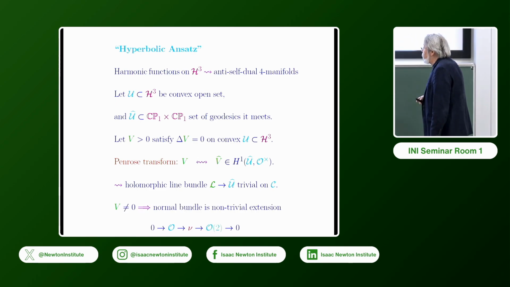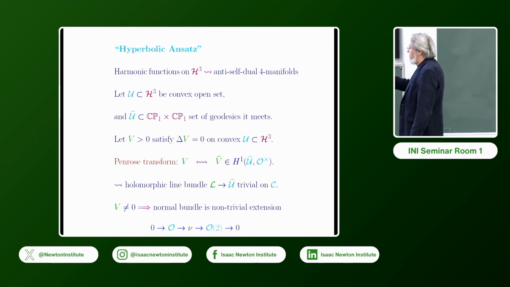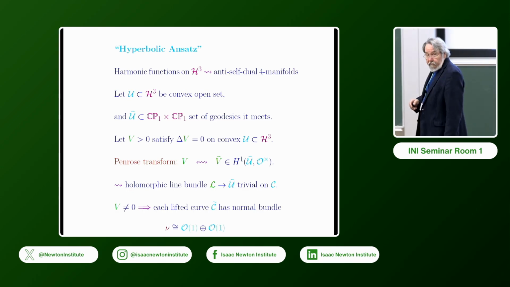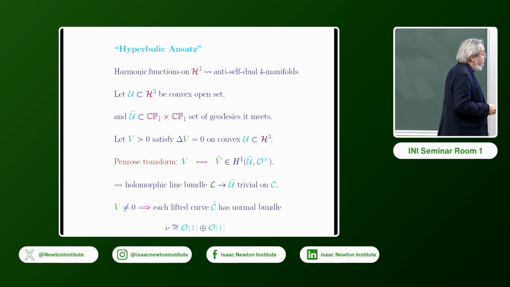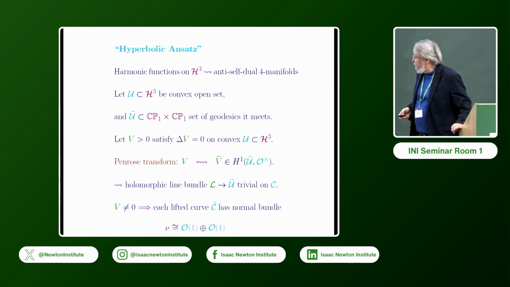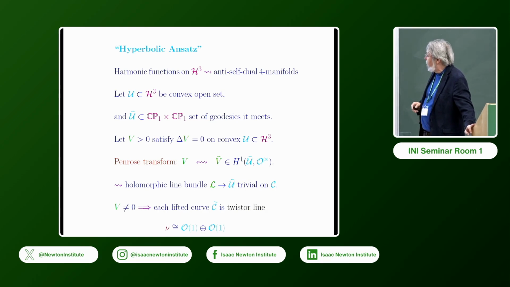Because we've assumed that our harmonic function is everywhere non-zero, that means in particular that this extension class is always non-trivial. And there's only one non-trivial extension of O2 by O, and that's O1 plus O1, up to bundle isomorphism. The splitting type is O1 plus O1.